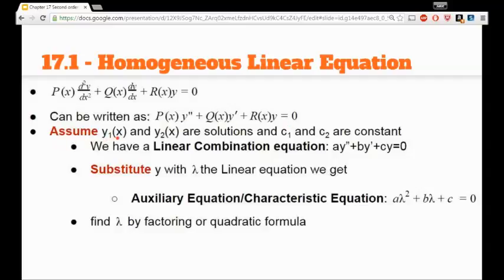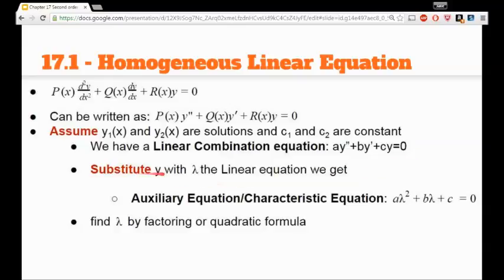We assume that y1 of x and y2 of x are solutions of this equation, and c1 and c2 are constants. We have a linear combination equation, a y double prime plus b y prime plus cy is equal to 0.